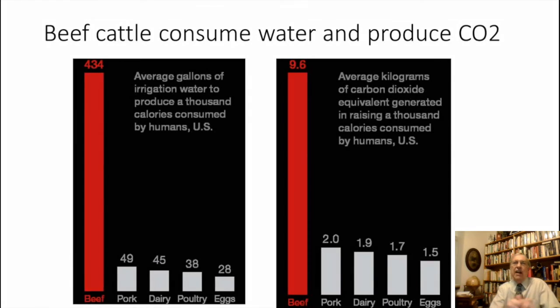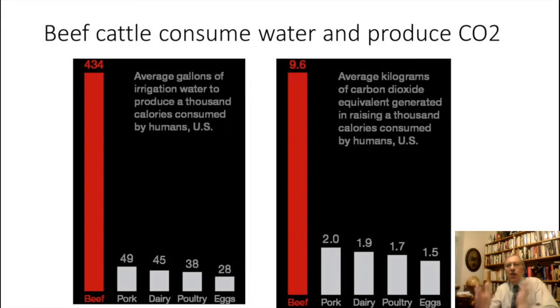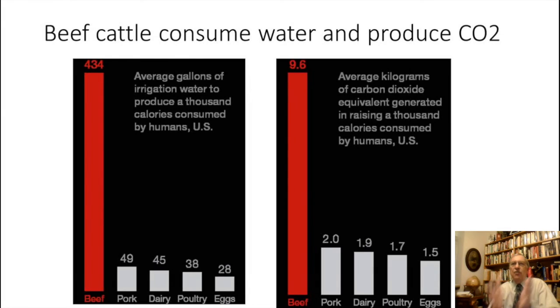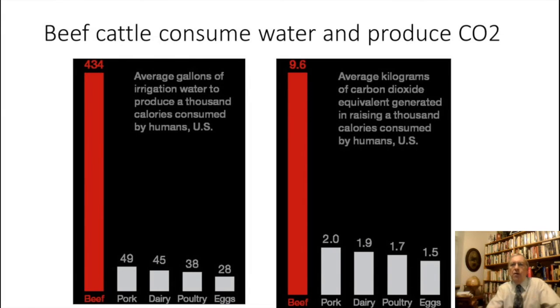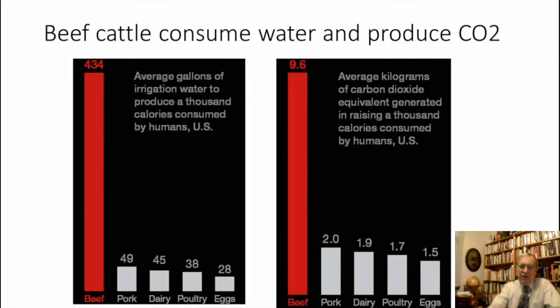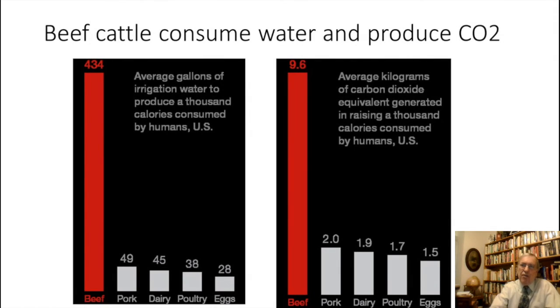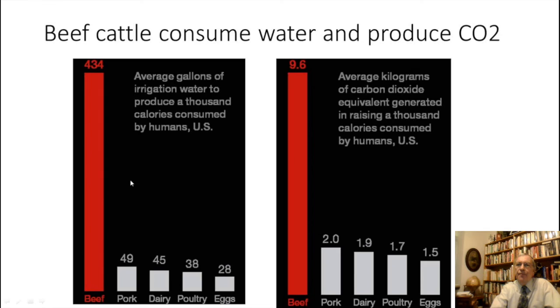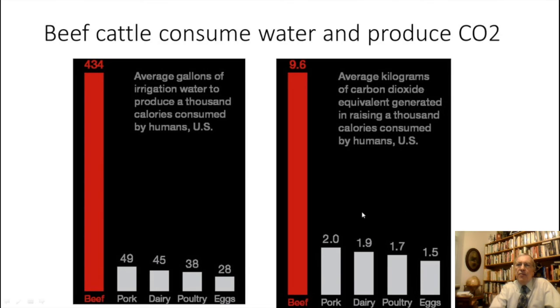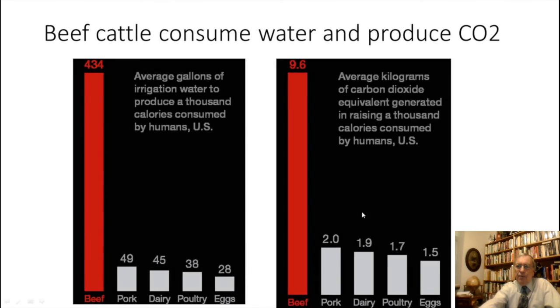So just the fact that the cows are kept alive so much longer means they consume more food and drink more water. And they also generate more carbon dioxide, because they've lived longer, affecting the atmosphere and so forth.